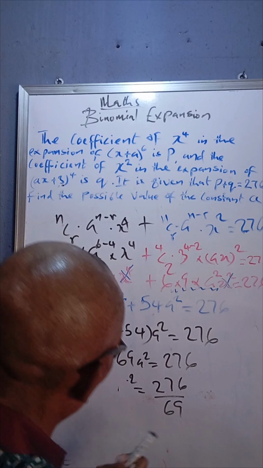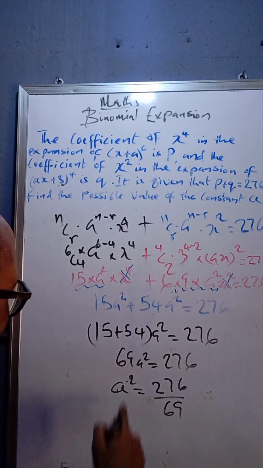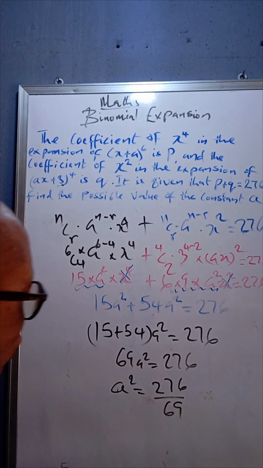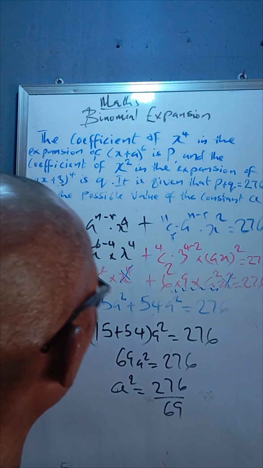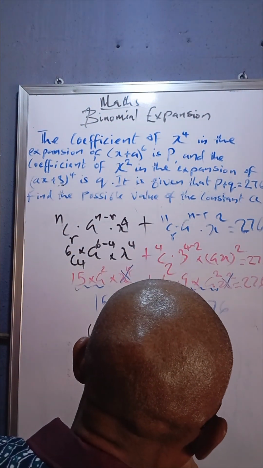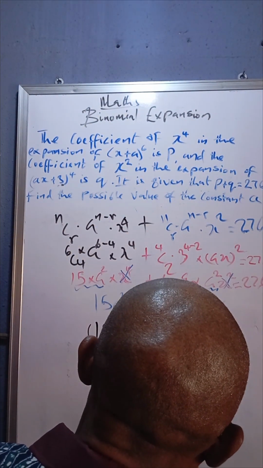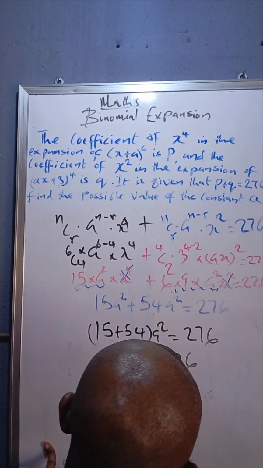Let me write this properly. So a squared is 276 divided by 69, and that gives us 4. So our a squared is 4.